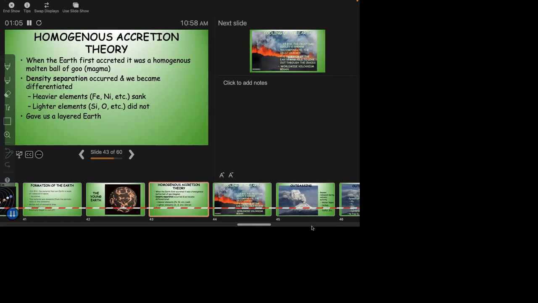So which one is not different? Homogeneous or what we have now? What we have now is differentiated. Okay, homogeneous is undifferentiated. I don't know if those words used to be in a slide and I somehow accidentally deleted them over the years. So our layered earth is a differentiated earth.